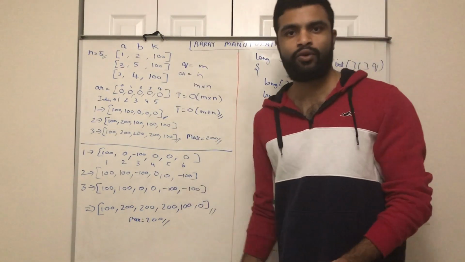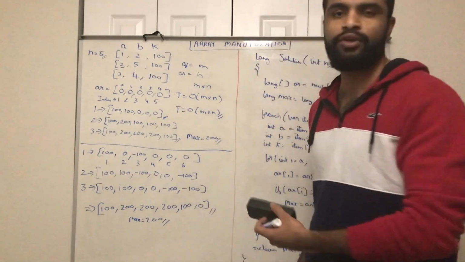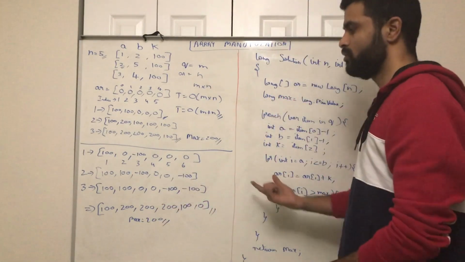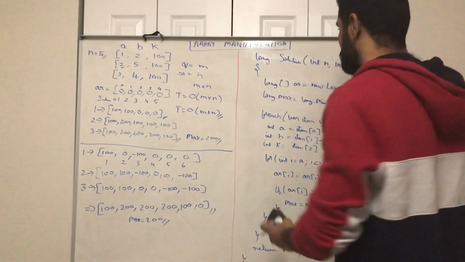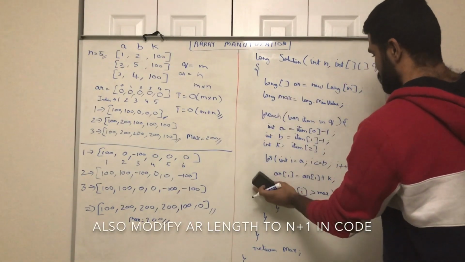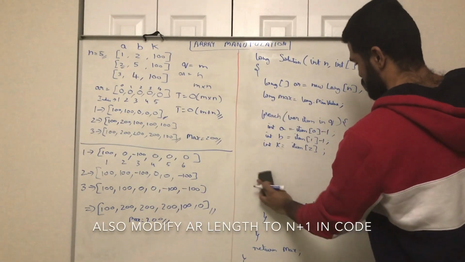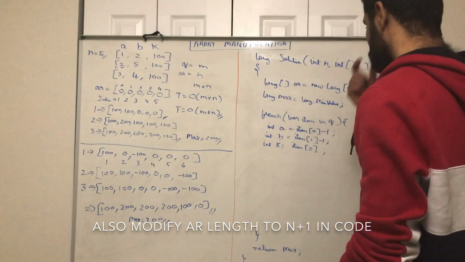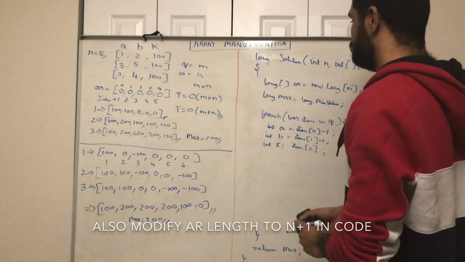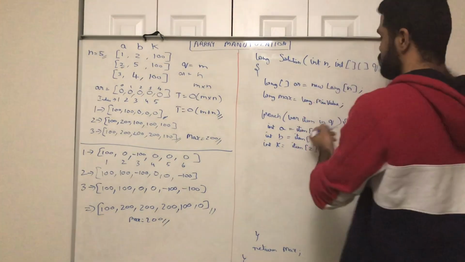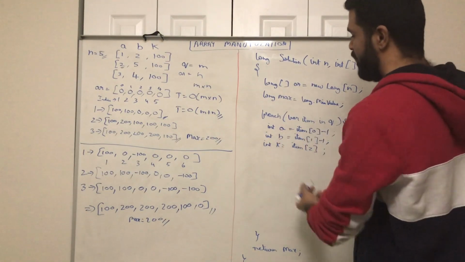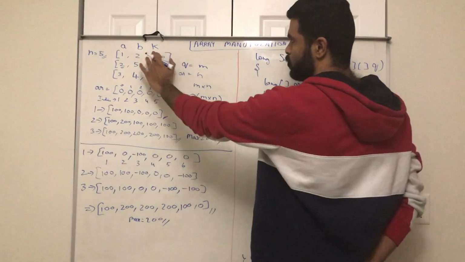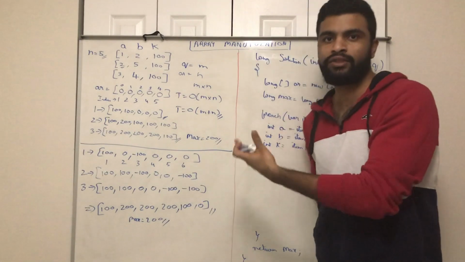Okay. So let me actually code this and let me explain to you how exactly this works. So this is the efficient solution. The time complexity is big O of m plus n. I will explain that. I will keep everything the same. Now I iterated the queries and I got a, b, k values. I have to just set a value to k and b plus 1 value to minus k.